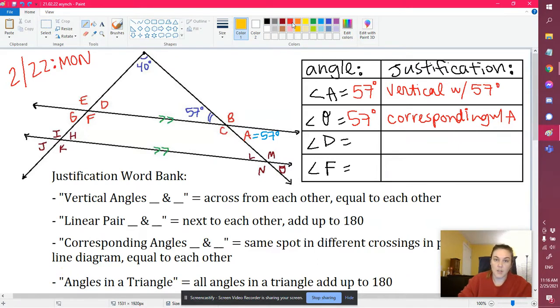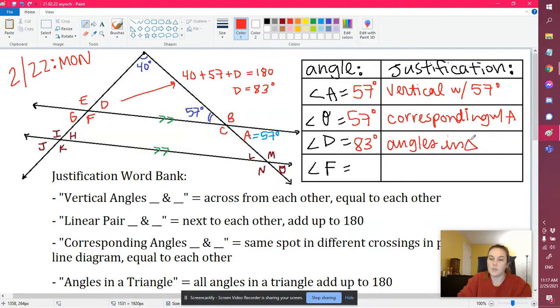So over here, D, the angles of a triangle, which are 40 plus 57 plus D, all add up to 180, right? And when we do our algebra 1, we get that D is equal to 83. And then the justification is angles in triangle add to 180.